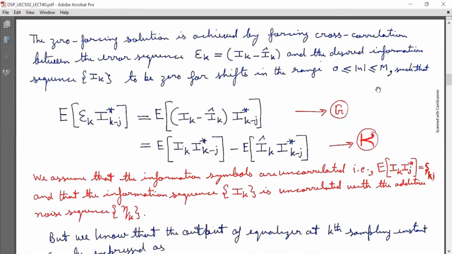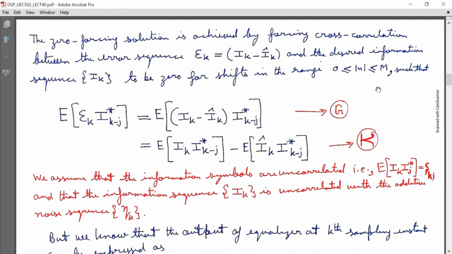The zero forcing solution is achieved by forcing the cross correlation between the error sequence Ek, that is equal to Ik minus I cap k, and the desired information sequence Ik to be 0 for shifts in the range magnitude n lying in the range 0 to m, such that expectation of Ek I conjugate k minus j is equal to expectation of bracket Ik minus I cap k into I conjugate k minus j.